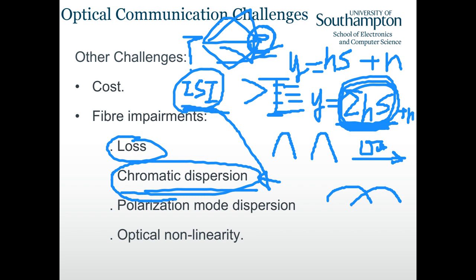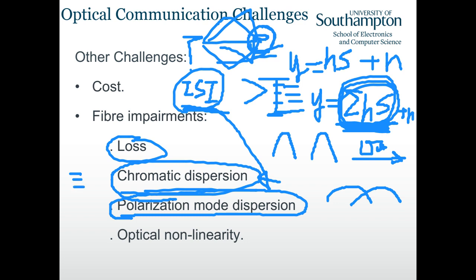So there's also polarization mode dispersion. EM waves have an electric field and also a magnetic field. Different waves would have different polarization, and different polarization would have different propagation speed. So if different elements of the wave have different propagation speed, then at a receiver, they would have different delays.